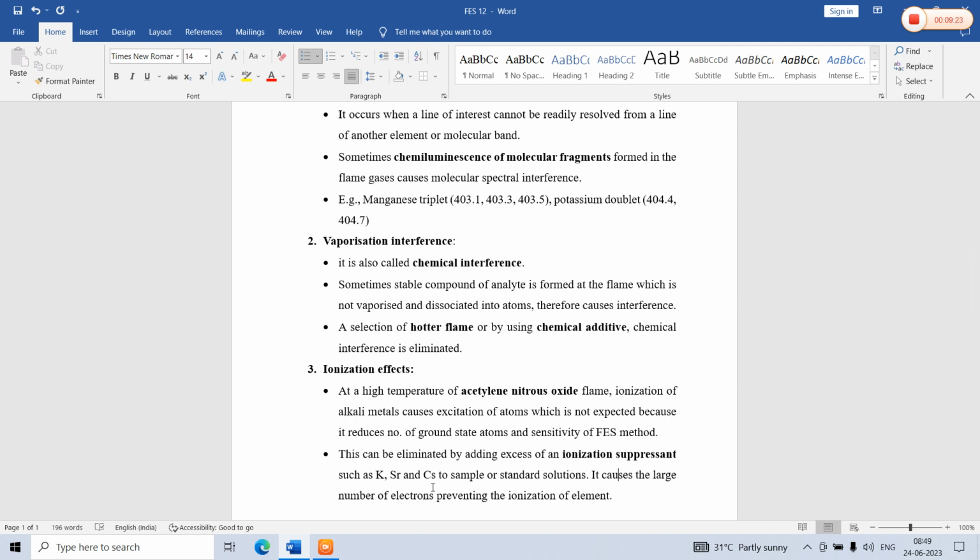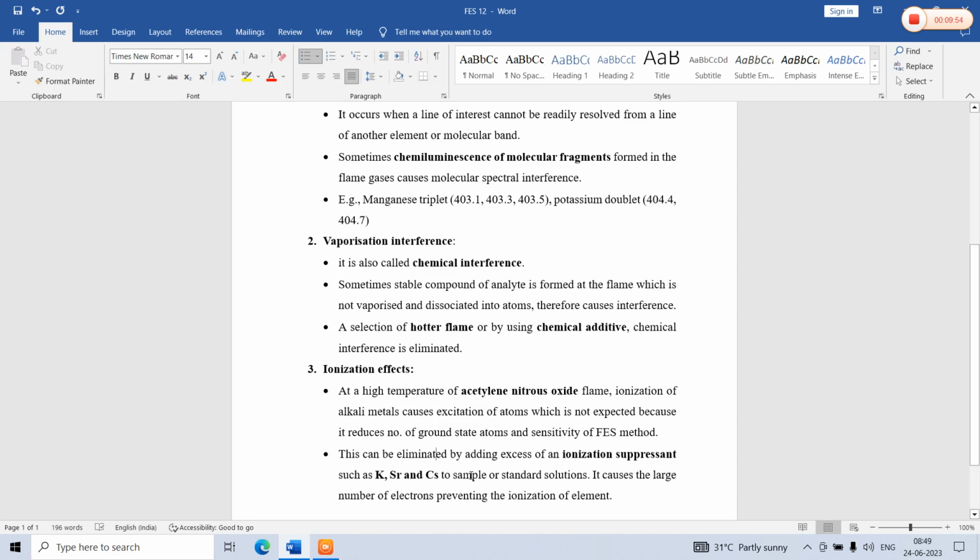That is the definition of an ionization suppressant. So the ionization effect in the analysis can be minimized by the use of an ionization suppressant such as potassium, strontium or cesium. Out of these three we use only one at a time.